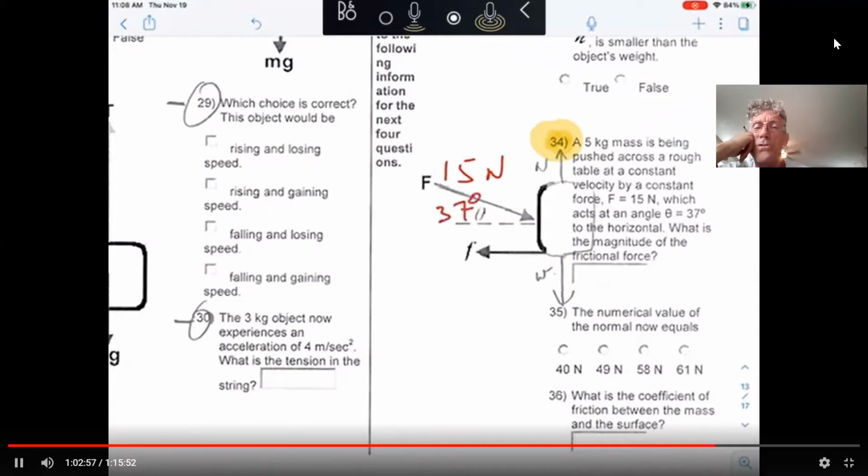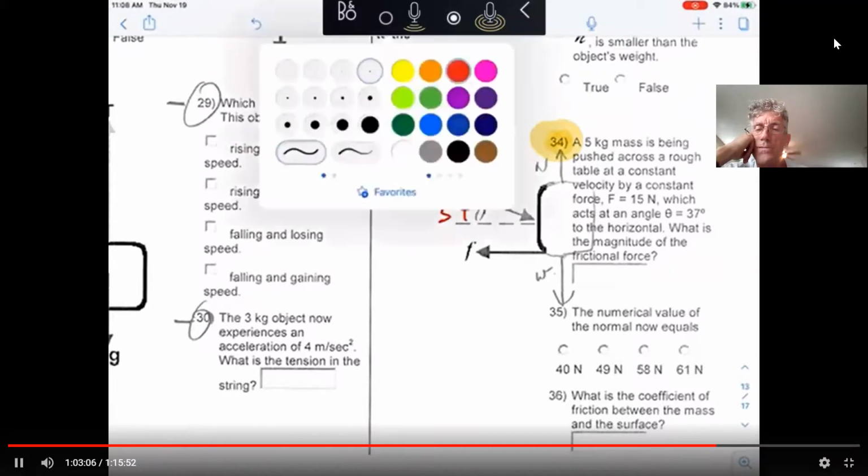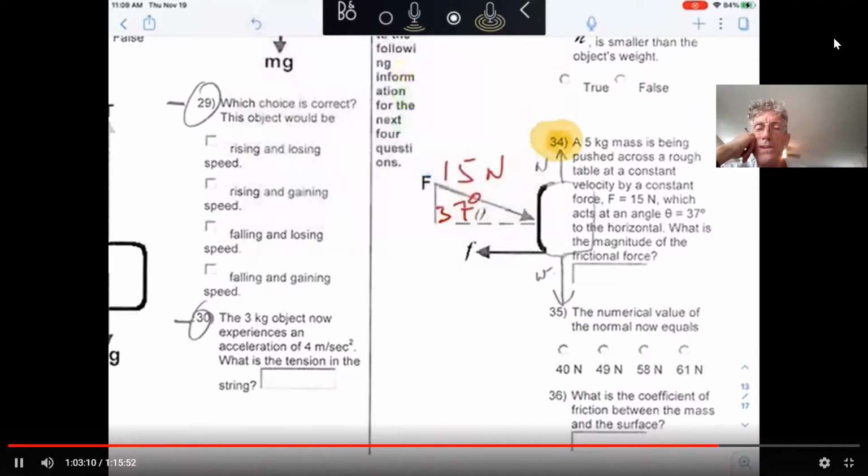Okay, so number 34. Again, we're pushing down with a diagonal force, so we got to find x and y components first. This is going at constant velocity, which piece equals the friction, right? The horizontal piece.